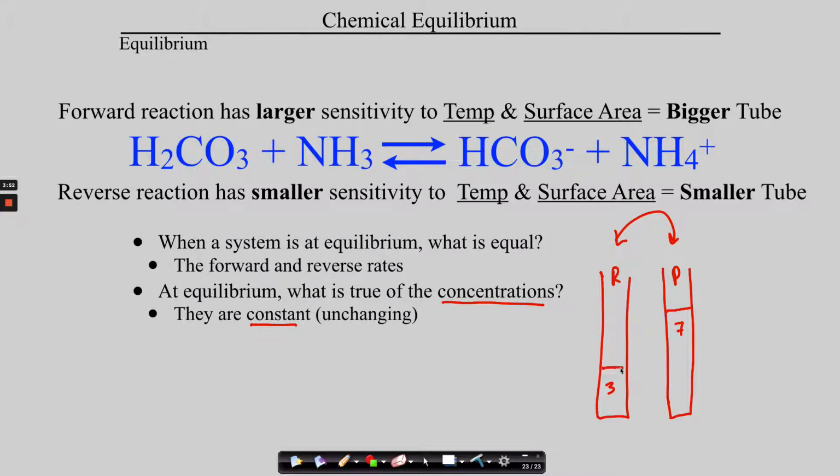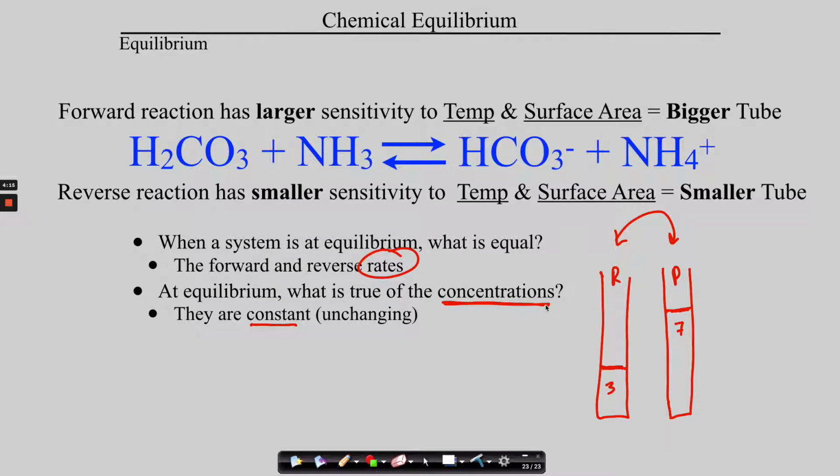Now, if you remember right, he was transferring them at the same time. Eventually, the water in the tubes as he transferred reactants to products and products to reactants was the same, which told us that the rate was equal. But at equilibrium, that ratio of 7 to 3 was constant. That was unchanging. That ratio represented the concentrations.